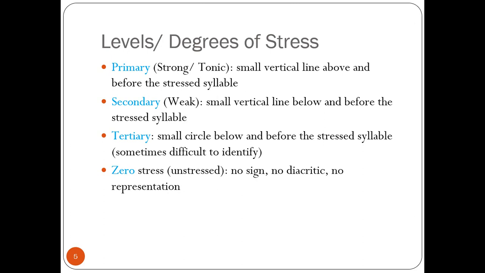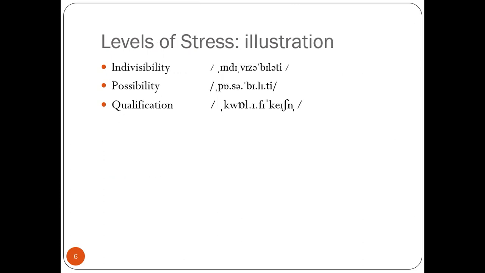And then we have syllables at the fourth level. That's called zero stress, no stress, and that's why we do not have any sign. Unstressed syllables are not represented by any diacritic, no mark, no representation. They just remain common. So this is what we have, the degrees or levels of stress, and they are illustrated by these symbols.